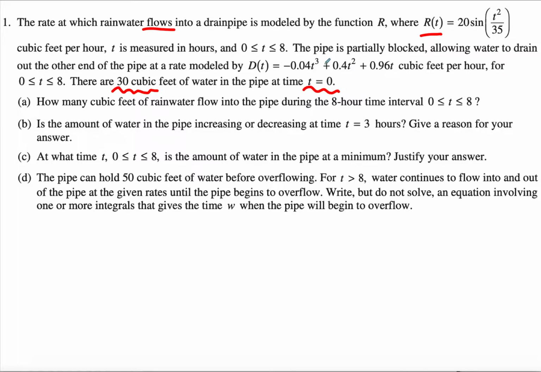How many cubic feet of water flow into the pipe? What we want to do is evaluate the integral from 0 through 8 of the rainwater that comes in, R of t dt. I'll be using the calculator here.